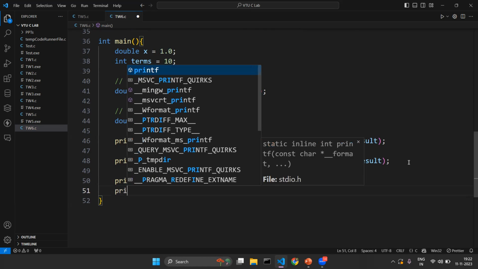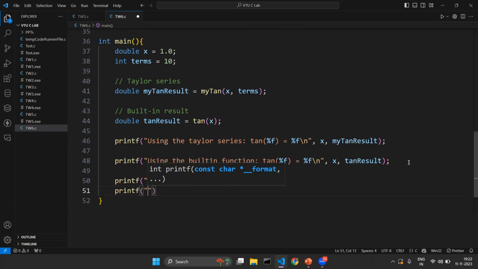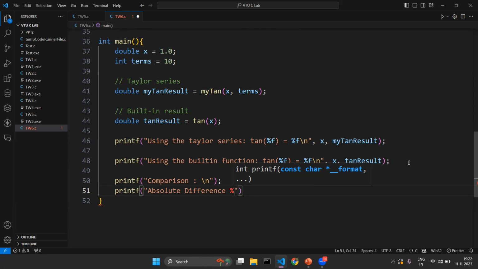And printf absolute difference. Absolute difference means a difference between two numbers irrespective of their sign. Like the difference between 1 and minus 1 is not 0, it will be 2. If you actually try to add, it will lead to 0, but the difference between minus 1 and 1 will be 2.